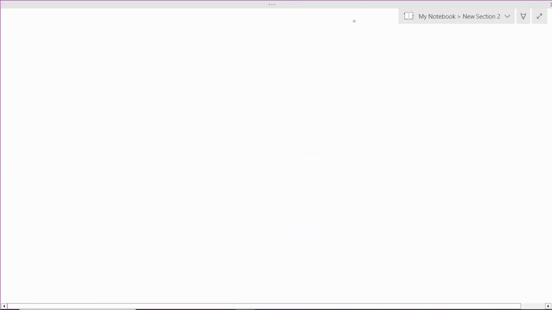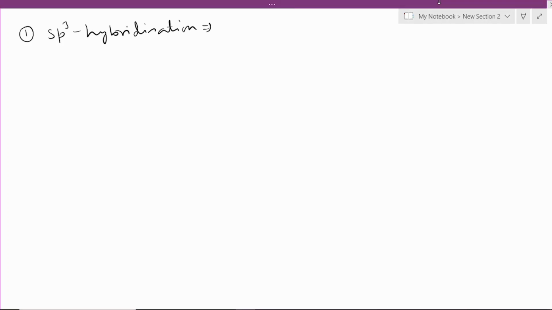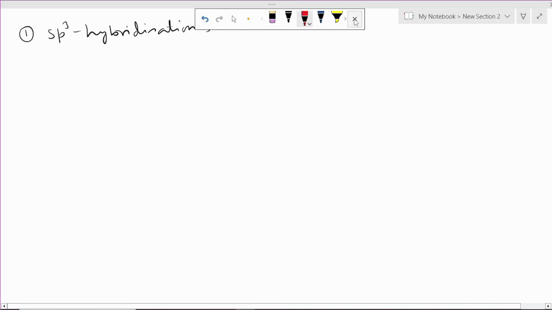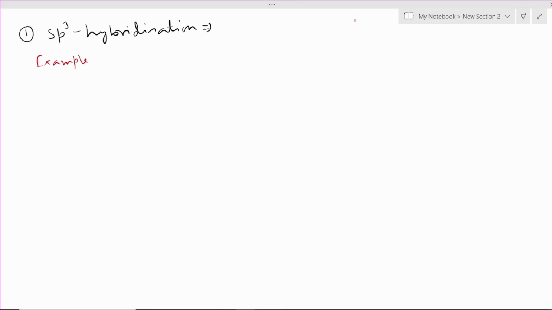Now we will discuss different types of hybridization in organic compounds. Firstly, we will discuss sp3 hybridization. The example of sp3 hybridization is the compound methane, or CH4.